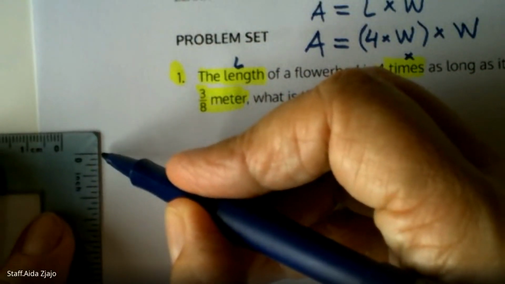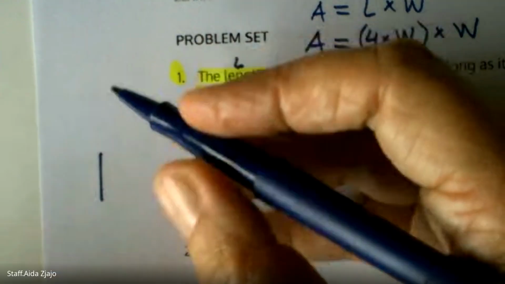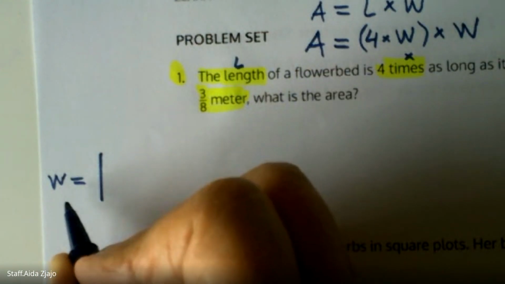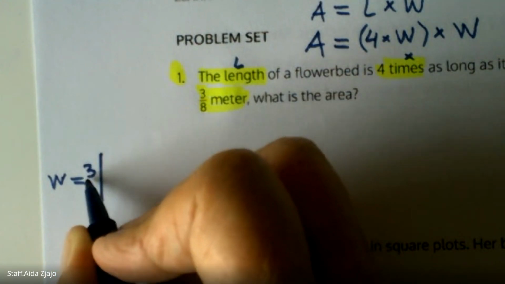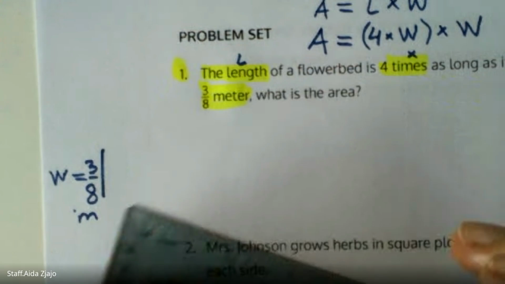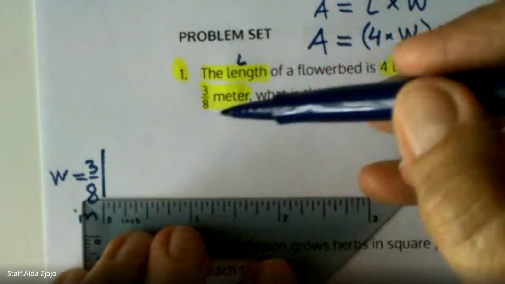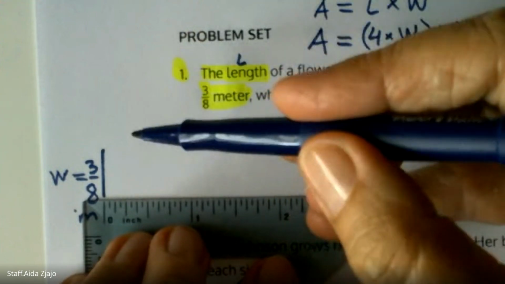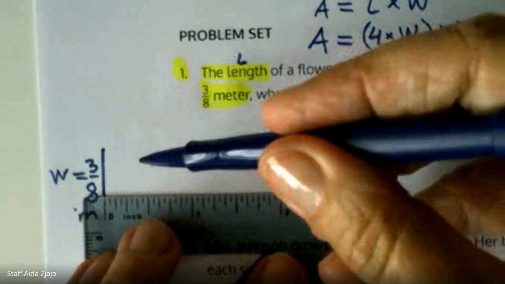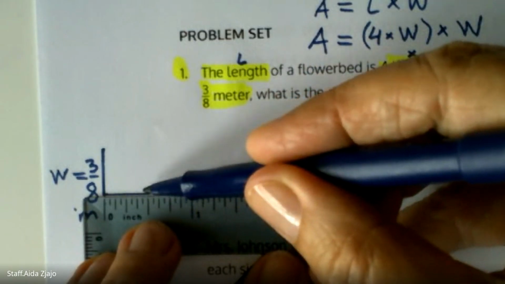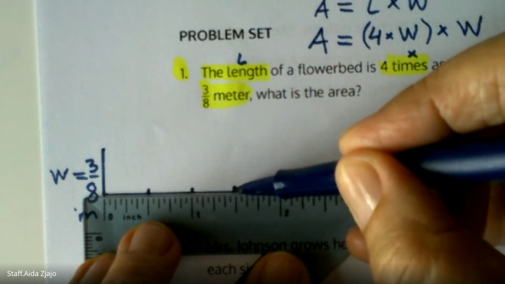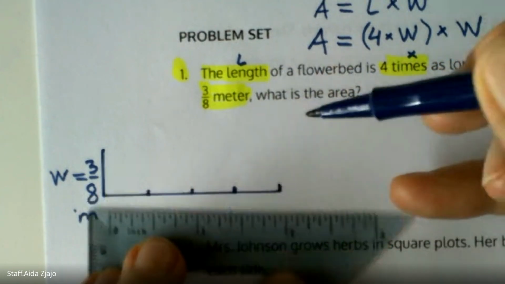If I choose this to be my width, then width equals 3/8 meters. Then I need to show that the length is 4 times as much. If I choose this to be like 1/2 inch, I can say this is 1 time, then 2 times, 3 times, 4 times.